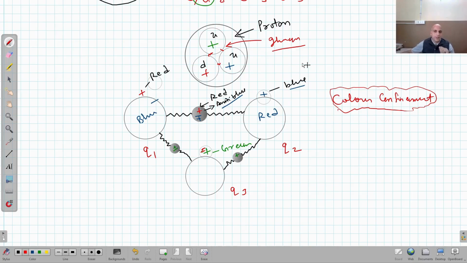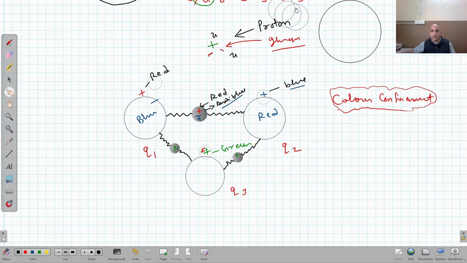So now I was saying about the color confinement. Suppose I want to pull this quark away from this bond, right? So let's suppose that these three quarks are present inside the proton that is shown here, and I want to pull apart one quark from this combination.